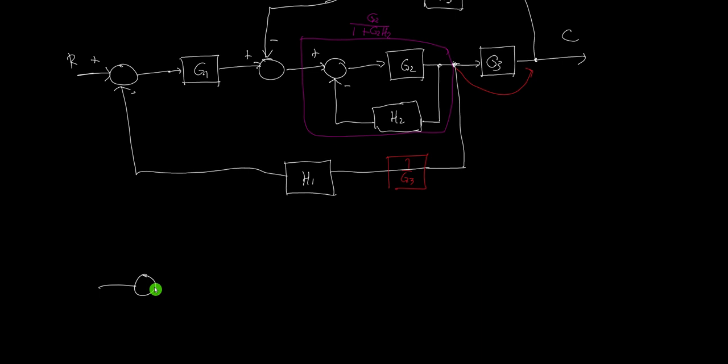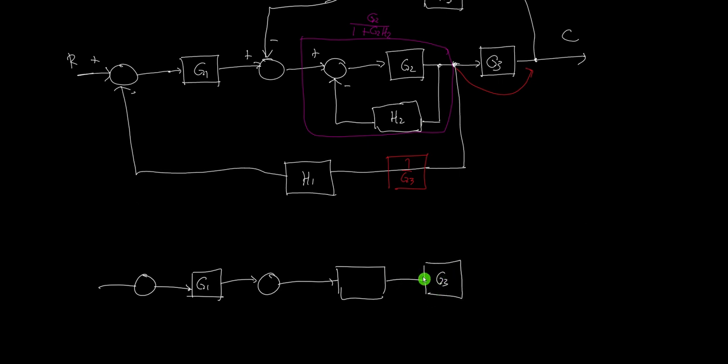So we have G1 here. Then we have a summing point. So this is now just one block in cascade with a G3. And I already moved this branch here at this point. So this is C. So we have 2 takeoff points here.